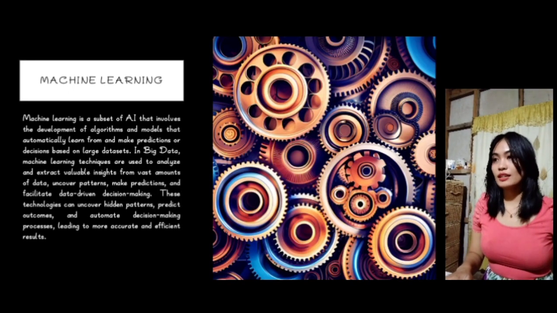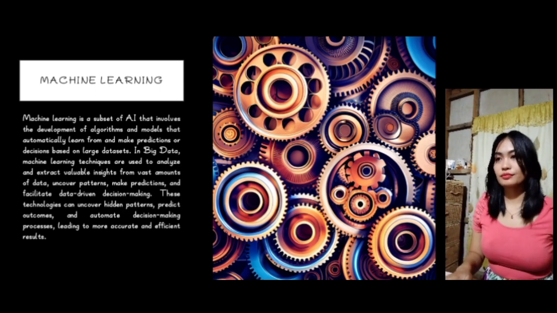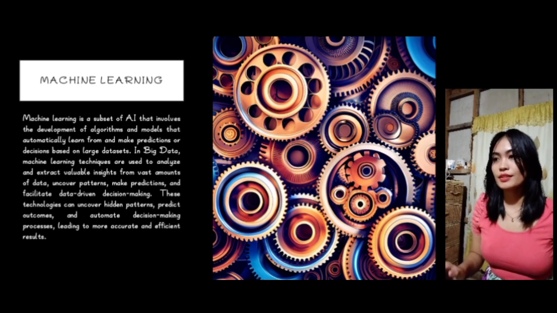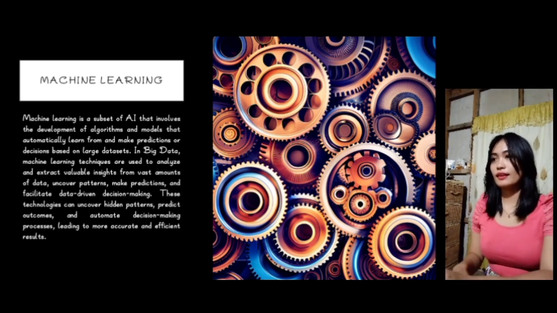Okay, for machine learning. Machine learning is a subset of AI that involves the development of algorithms and models that automatically learn from and make predictions or decisions based on large data sets.